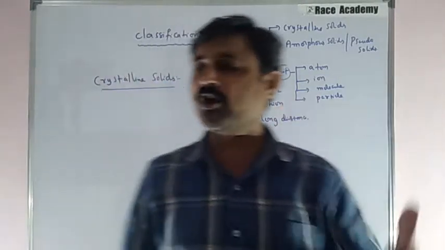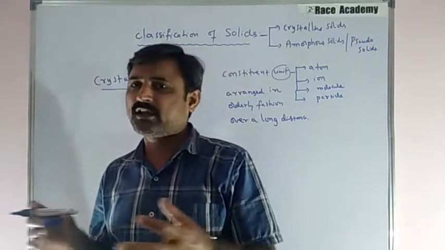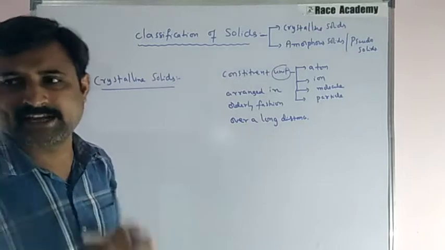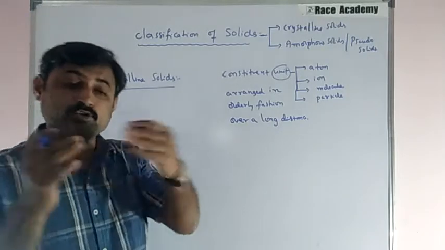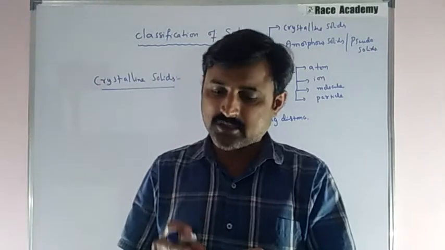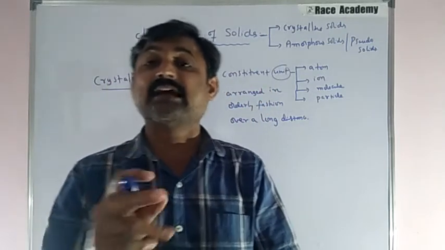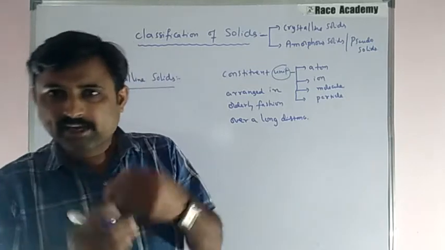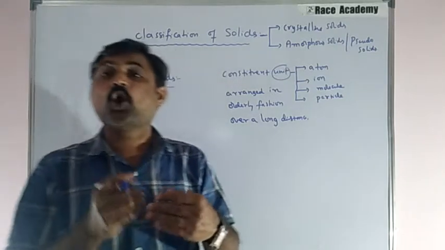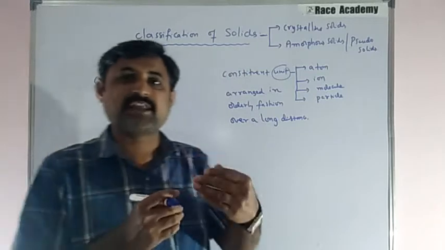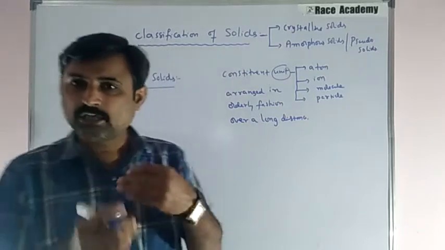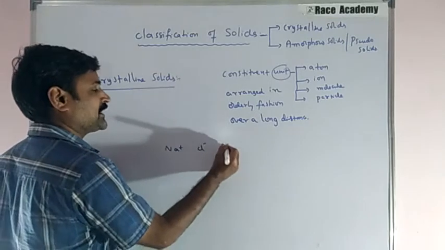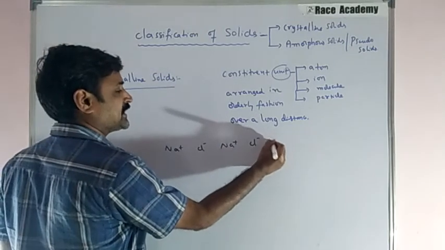For example, everybody knows sodium chloride. Crystalline sodium chloride consists of Na plus and Cl minus ions as constituent particles, and they are located alternatively like this: Na plus, Cl minus, Na plus, Cl minus.